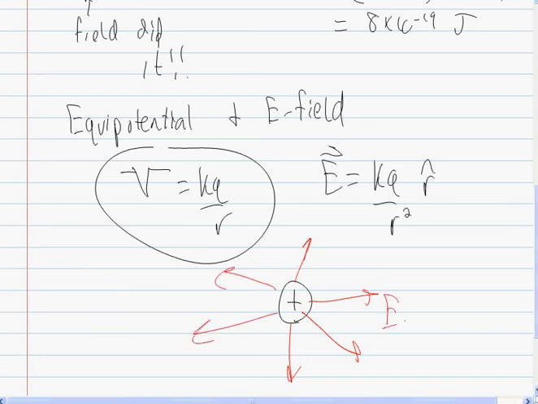But if we look back at our equipotential, they were like this. So since the field moves in the direction of decreasing potential, in all cases, then the electric field direction is always perpendicular to the equipotential line.